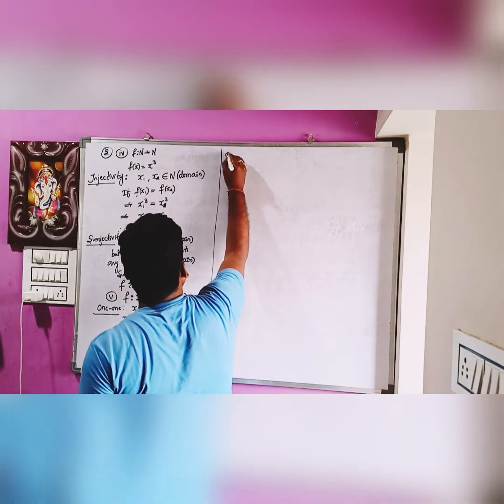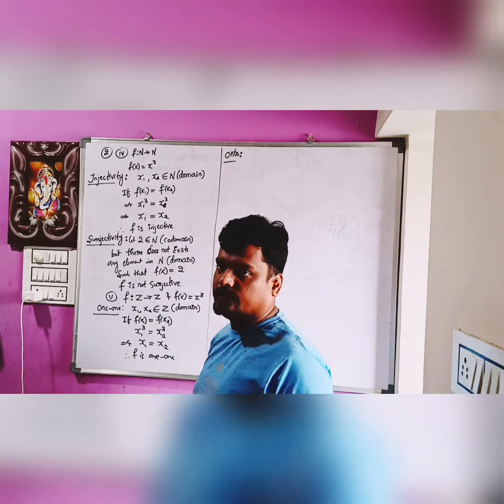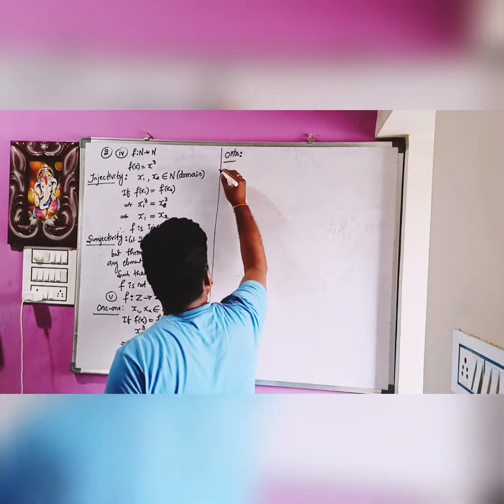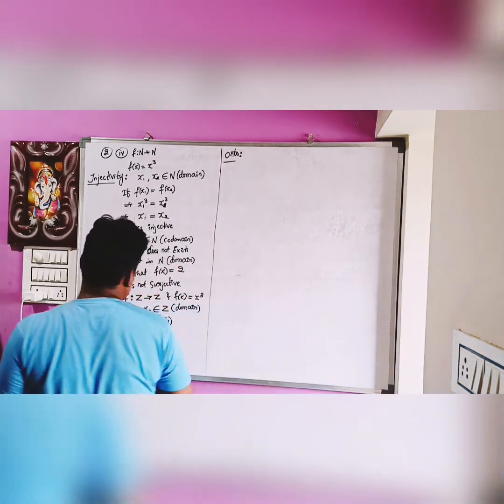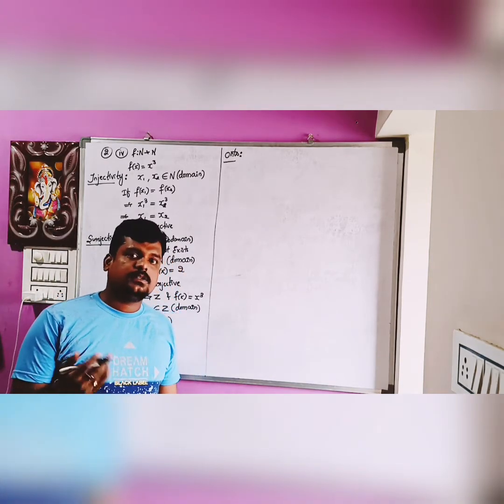Now we check the case for onto, also called a surjective function. Here I take the same element, because the cube of any integer is also not 2.